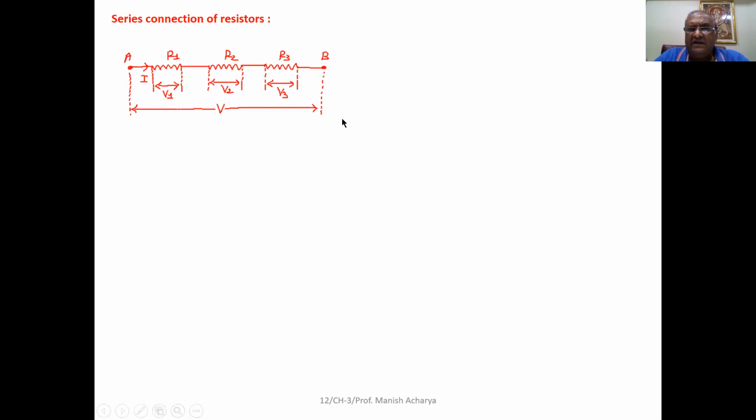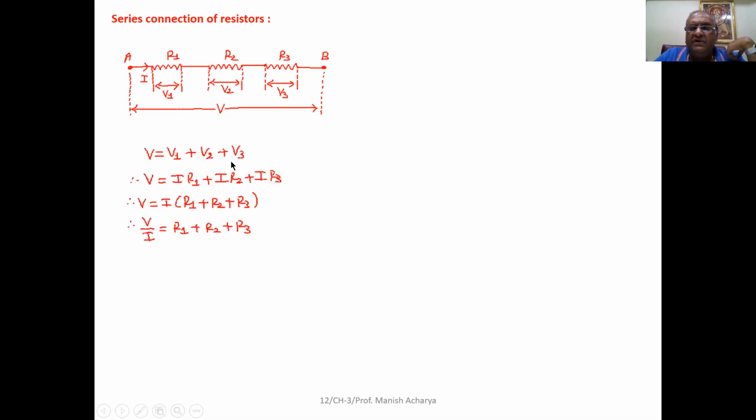So we can write the resultant potential difference between A and B, the applied voltage V, equal to V1 plus V2 plus V3. Now, as per V equal to IR, we can write V1 equal to IR1. Current I is flowing through all these three resistors, and that is the same.